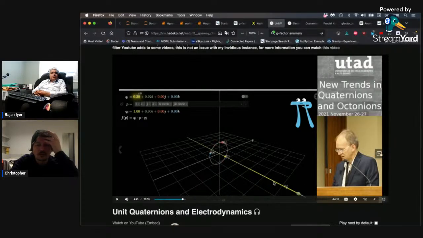So we can imagine that the yellow line here is an electric current, and the circle ijk, this is 1 jk, and this is i, I guess. So this would be the magnetic field line. So as the current passes through, the field line rotates, and that gives us the electrodynamics that we're interested in.